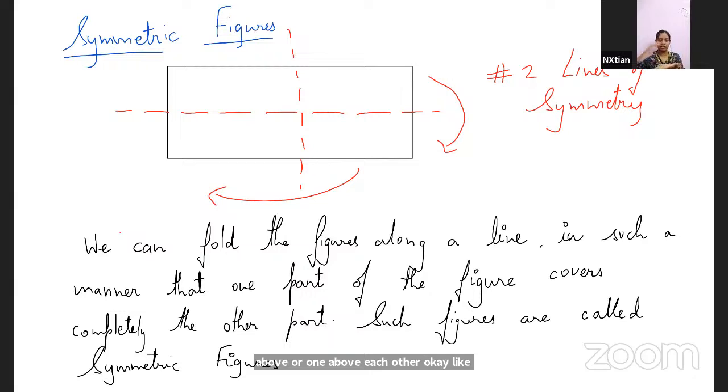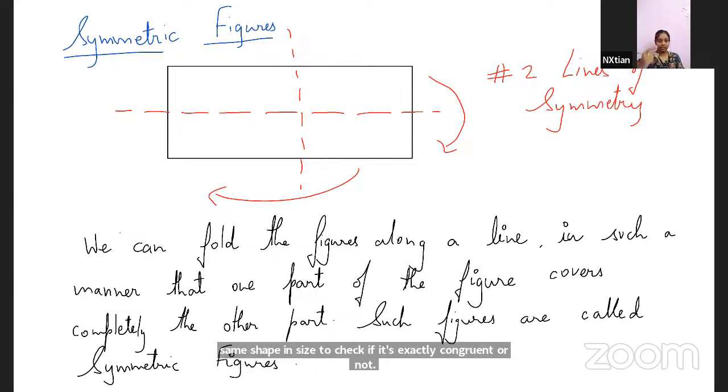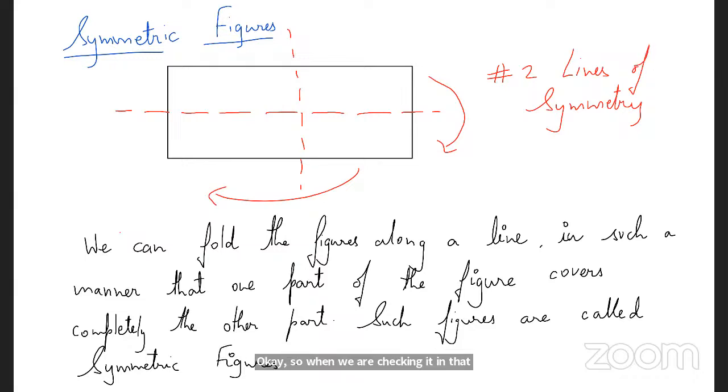On one figure, you can place another figure of the same shape and size to check if it's exactly congruent or not. This method of examining the congruency by placing one object above the other is known as superposition. You can write that down. I'm clearing the screen right now.